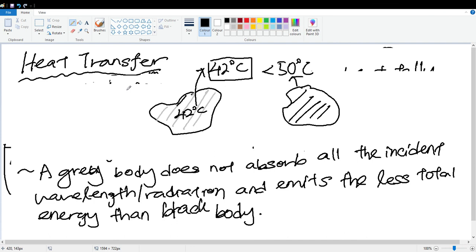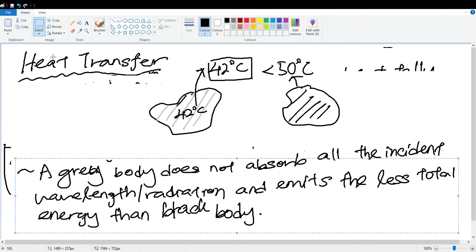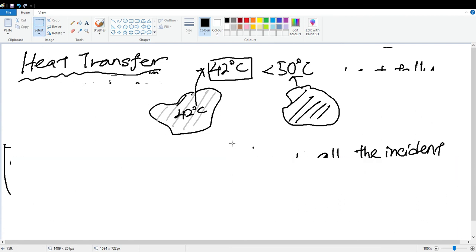So we have done the description. Let's move on to the equation.